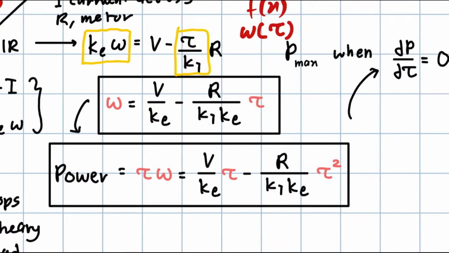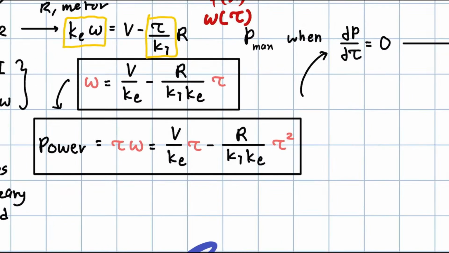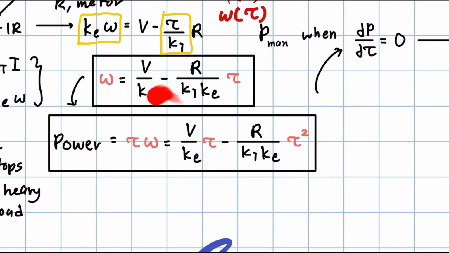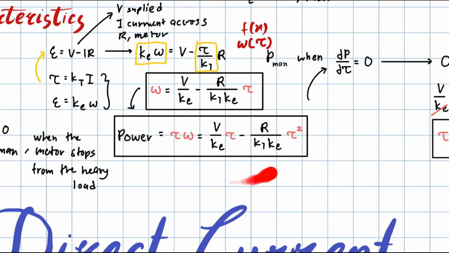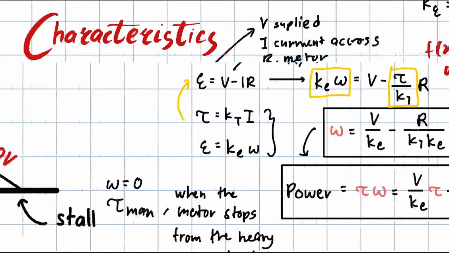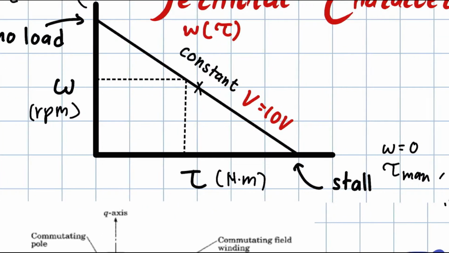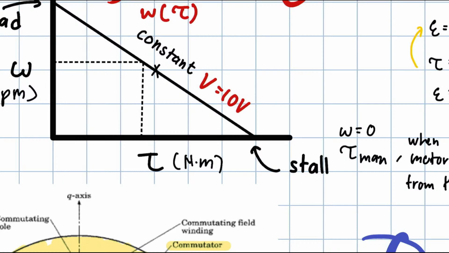We also know that torque times angular velocity is the power. So power is the same as before, just multiplied by torque, giving torque minus torque squared terms. Why do we want to do this? Because we want to find the most optimum power, which is usually in the middle.